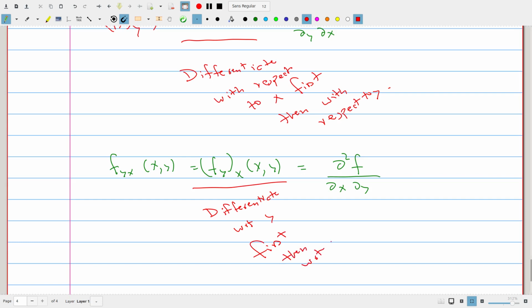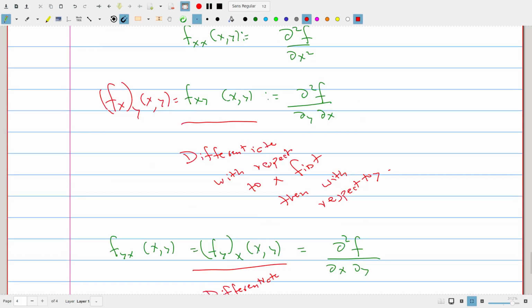So these are called mixed partial derivatives, right?